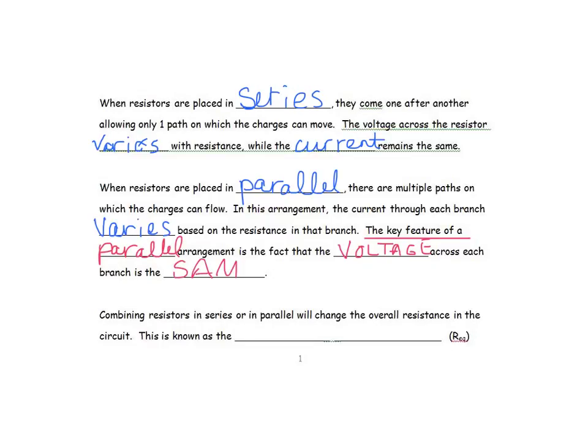This is huge. This is like a guaranteed question on the test. What makes parallel parallel? I really, really, really want you to know that what makes it parallel, not only are there multiple branches, but the voltage across each branch is the same.